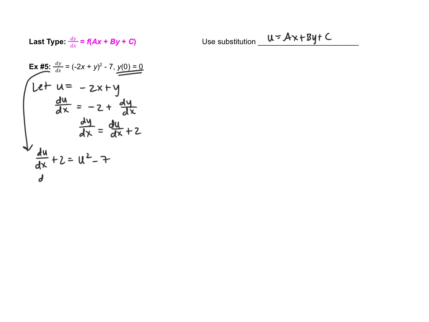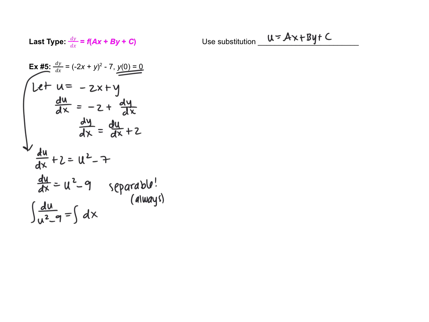So we get du/dx is equal to u squared - 9. At this point, this equation is separable, and that is always going to be the case. So now we're just going to solve like we normally would. du over u squared - 9 is equal to dx, and I'm going to integrate.